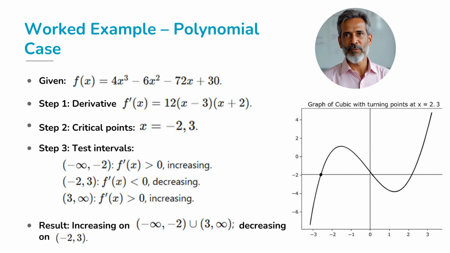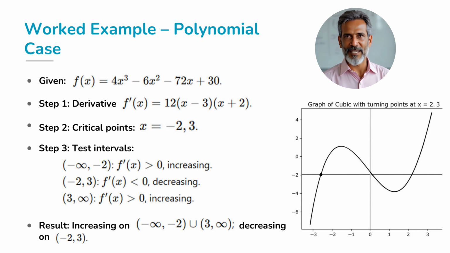Consider f of x equals 4 times x cubed minus 6 times x squared minus 72 times x plus 30. First, we calculate the derivative. f prime of x equals 12 times x squared minus 12 times x minus 72. By solving f prime of x equals 0, we get critical points at x equals negative 2 and x equals 3.